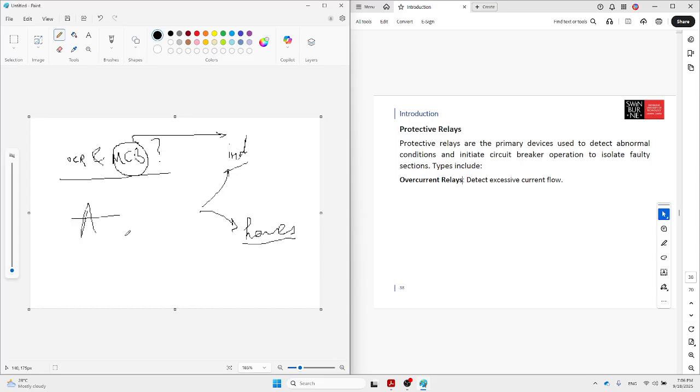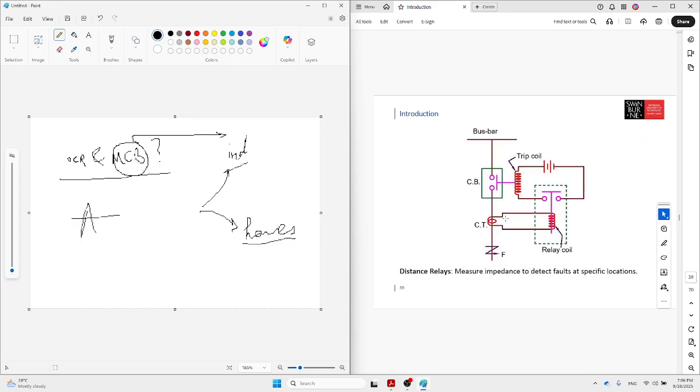The overcurrent relay itself looks like a laptop or an old-fashioned PC in small form, of course. It is connected to the CT, the current transformer, and this is our overcurrent relay.